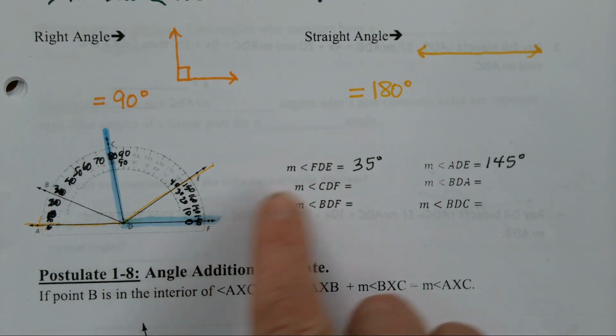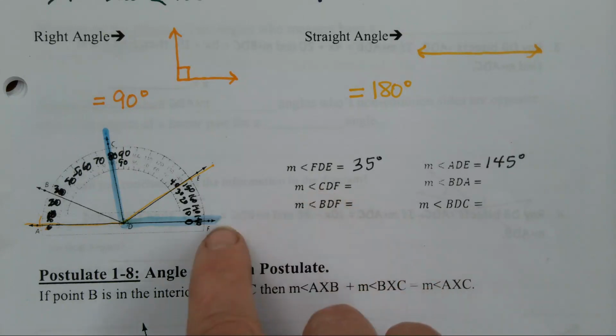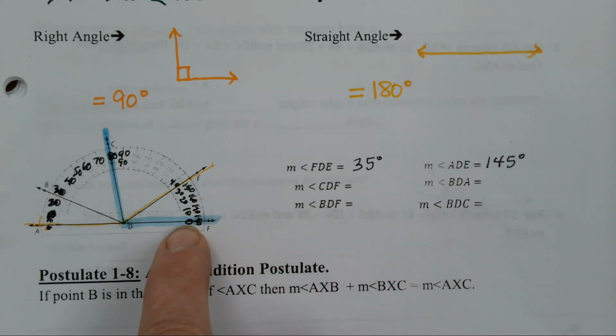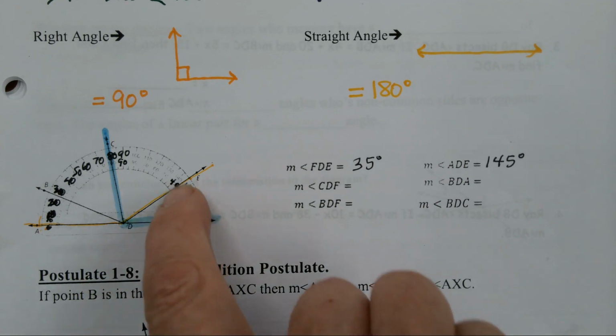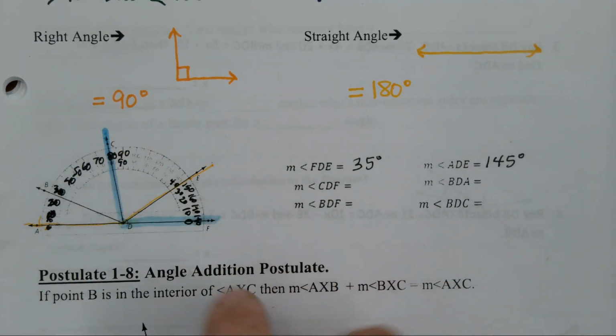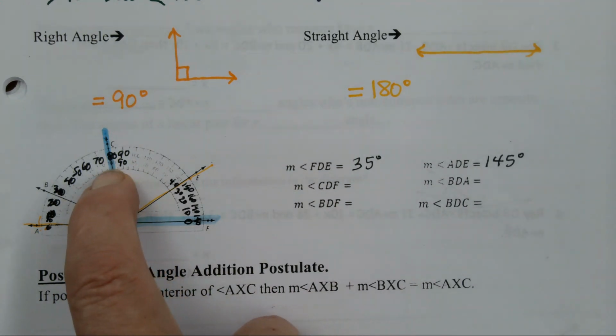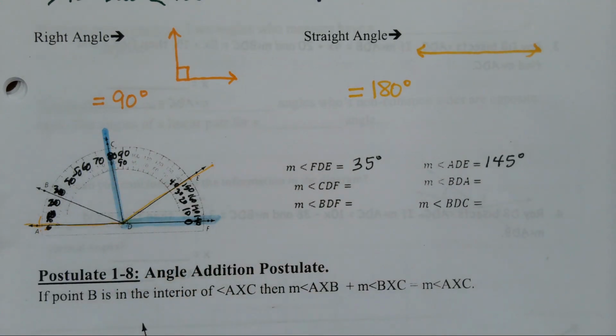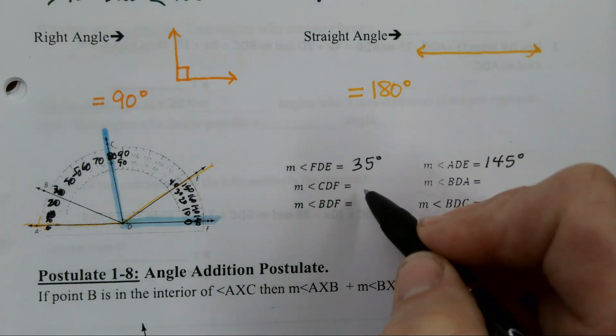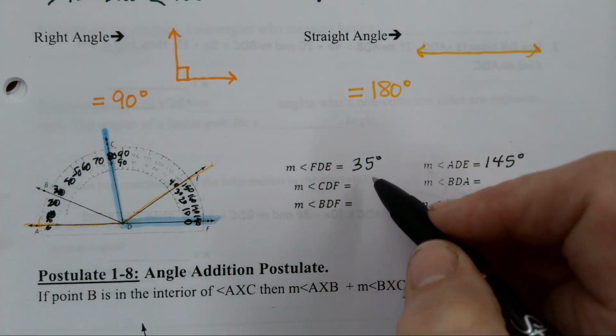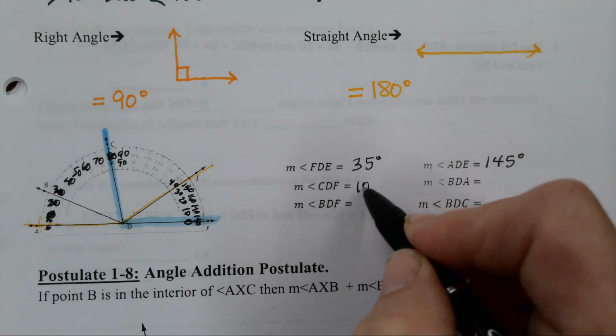This is also angle FDC. F starts at 0. So I'll start on the 0 part. It starts on that line and count up. This one will go on the inside. That one looks like it's about what, if you could guess? Anybody have a guess on that one? Yeah. About 100 degrees. Beautiful.